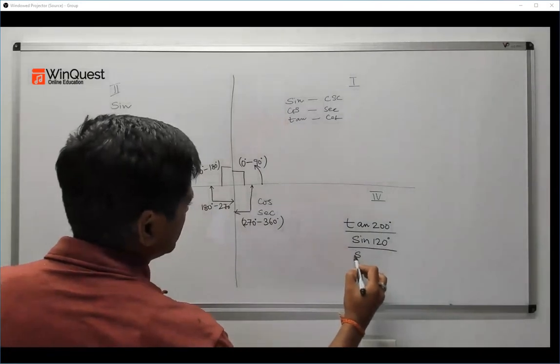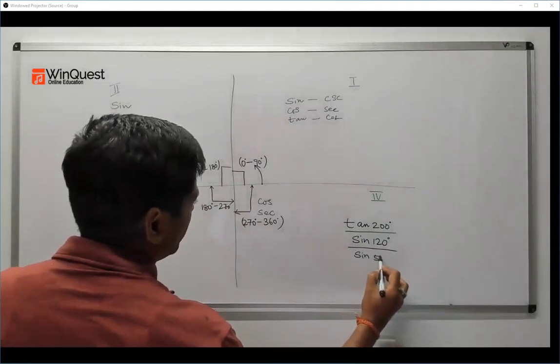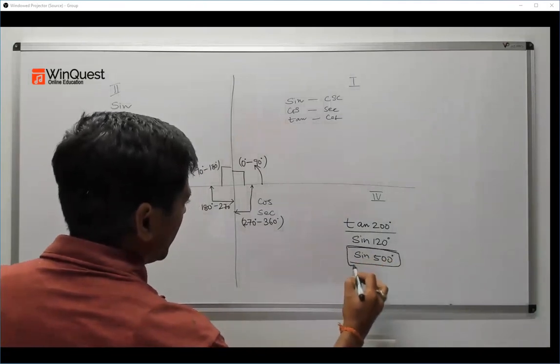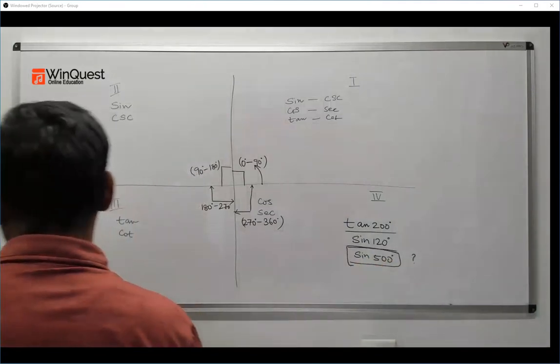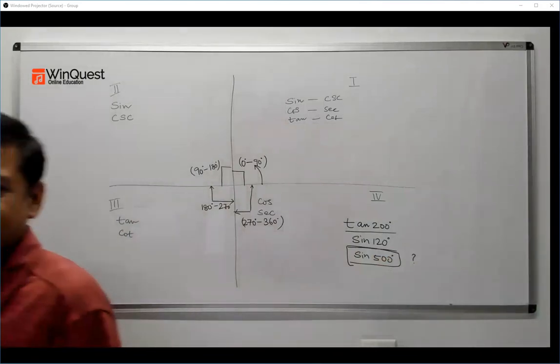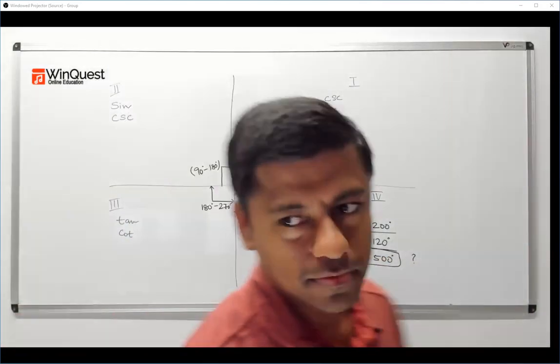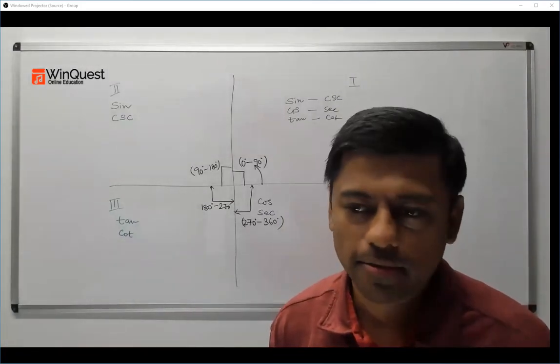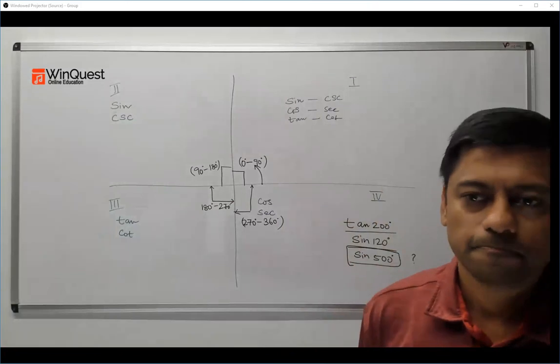I now say sine of 500 degrees. Where is it going and what sign will it take?